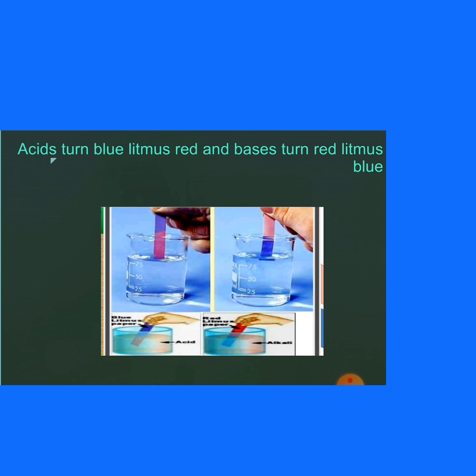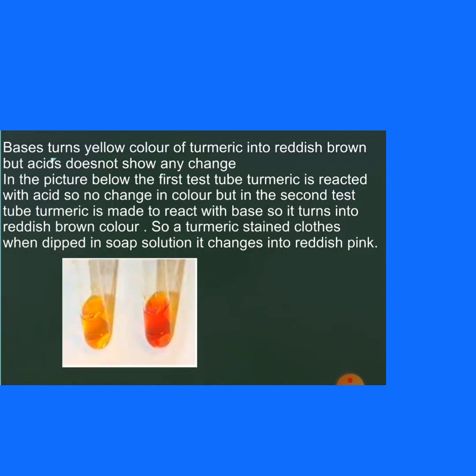Next child, we have a third indicator, that is the turmeric. Turmeric is also a natural indicator. You can see in this picture we have taken turmeric in two containers. In the first case, we have added acid to it. In the second case, it is base.